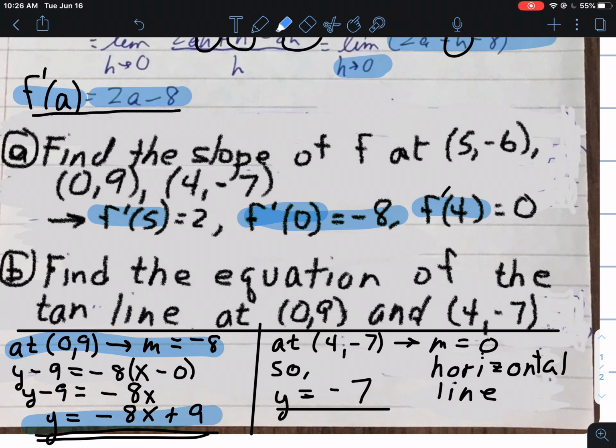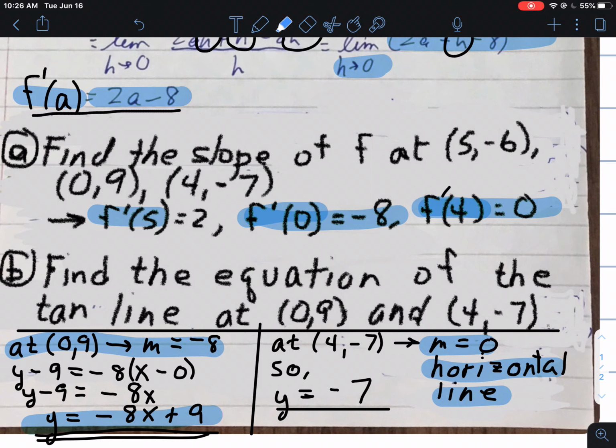I did want to mention the second one, though, because finding the equation of the tangent line at the point 4, -7, just to remind you, notice what we found at f prime of 4 was 0. So the slope of the tangent line there is 0. What does that mean? That means that it is a horizontal line. Remember, horizontal lines have a slope of 0. And so what is its equation?